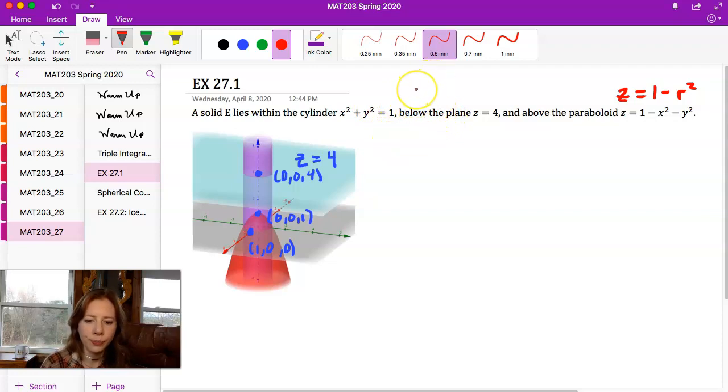And so let's start by thinking about our region.